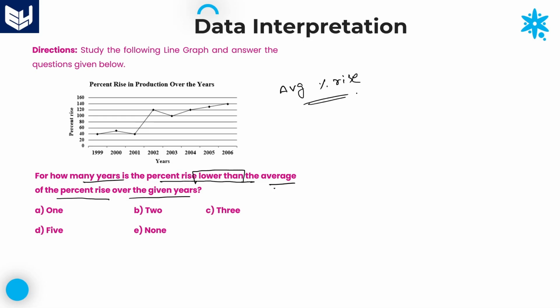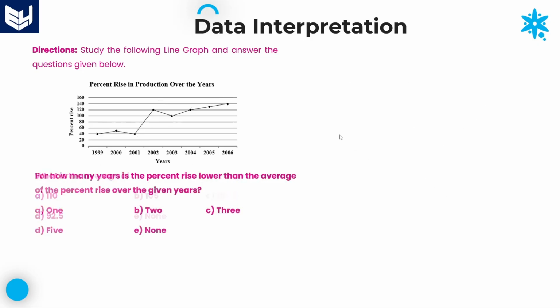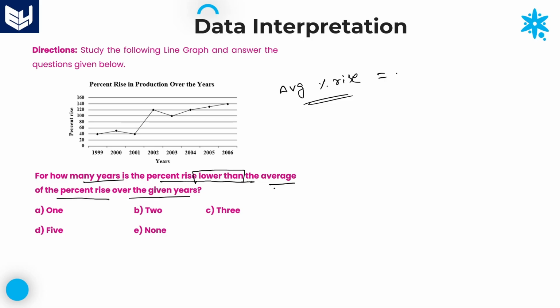That we already calculated in the previous problem. The value which we got is 92.5, that is the average percentage rise over the given years.